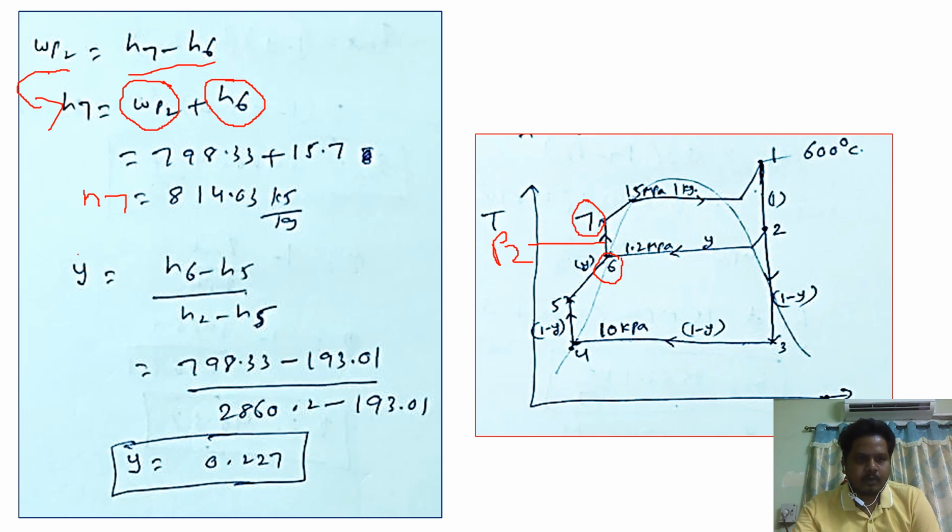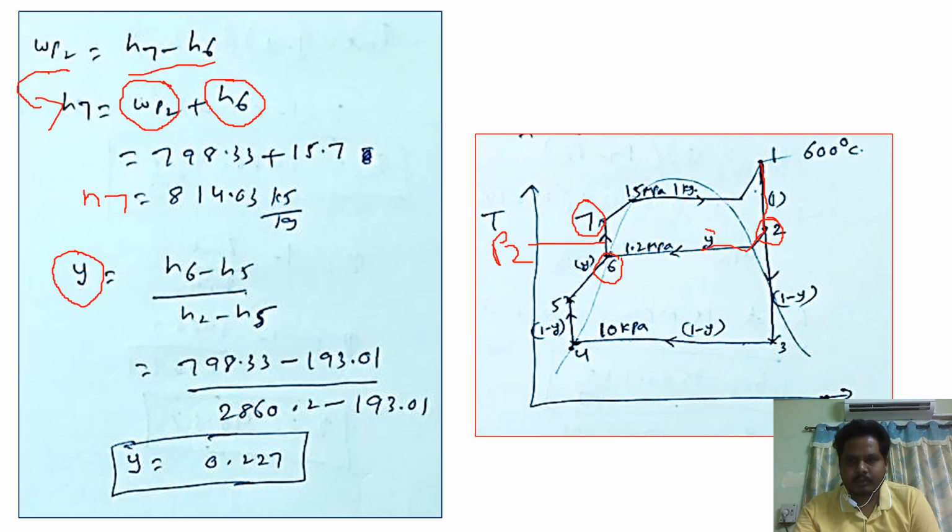Now we can find the amount of steam extracted at point 2. As we know, in the process 1 to 2, after expanding through the high pressure turbine, at point 2 some amount of steam is extracted.